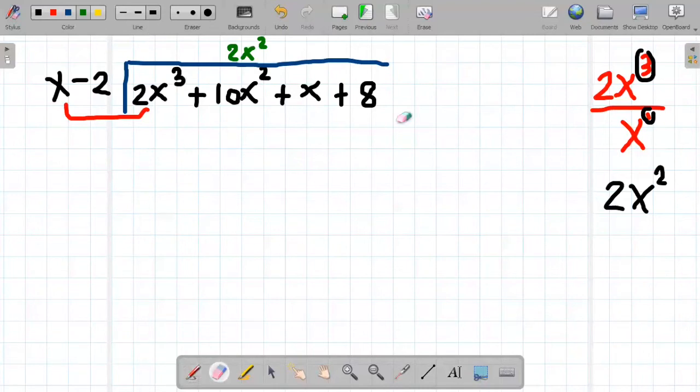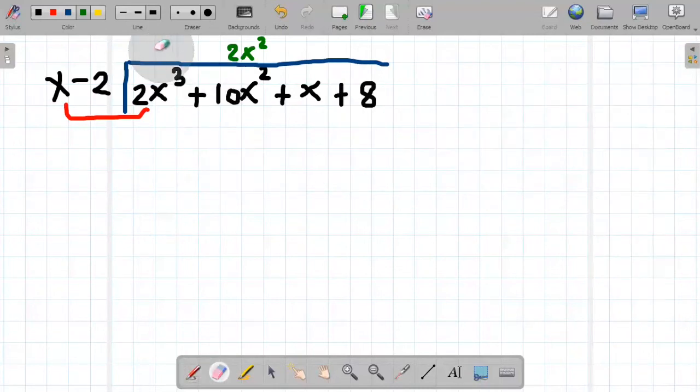Now, if you have that, we proceed with the same procedure again. We multiply. 2x squared times x would be equal to 2x cubed. But you also have to multiply it here.